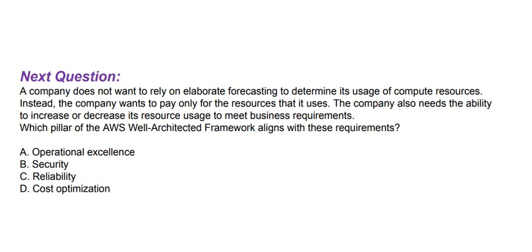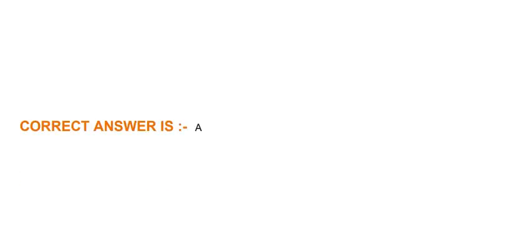Which pillar of the AWS well-architected framework aligns with these requirements? Option A, operational excellence. Option B, security. Option C, reliability. And option D, cost optimization. The correct answer is option A.